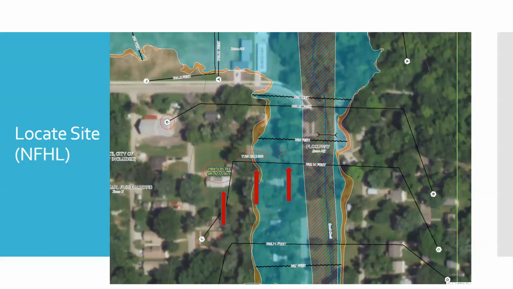And so of course, Lawrence has a digital flood map. Douglas County has digital flood maps. And so I can find this on the National Flood Hazard Layer, or NFHL. This is the nationwide version of the site. We do have the state floodplain viewer that has all the same information in it, but there is my site location.